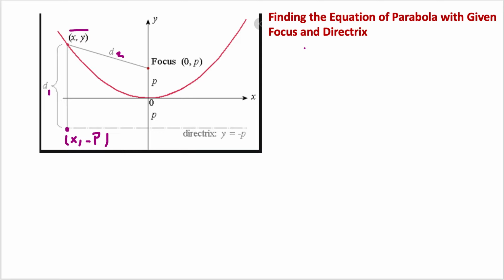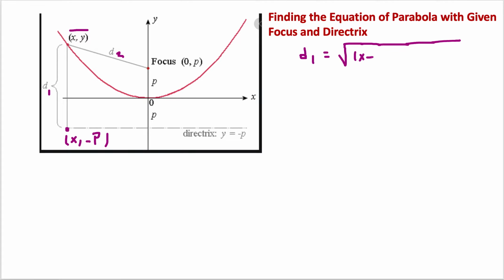According to the distance formula, d1 is equal to the square root of (x2 minus x1) squared plus (y2 minus y1) squared. Taking the distance from the focus to the point, x minus 0, or 0 minus x, it doesn't matter which way we go.